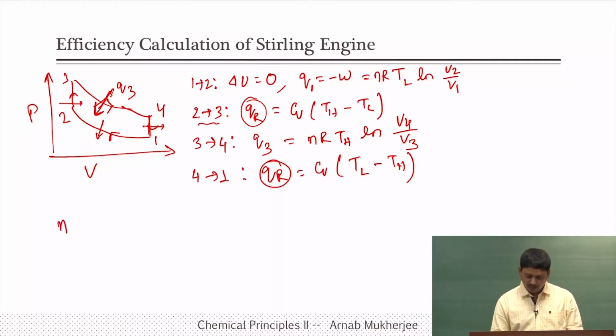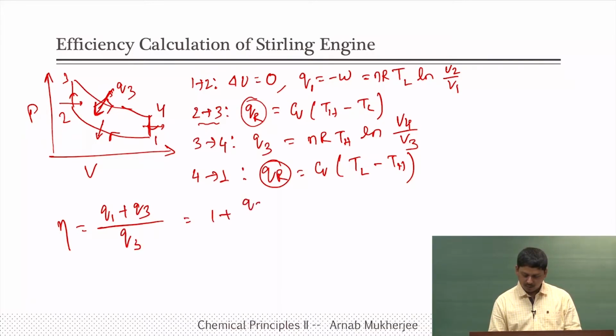So, if I calculate the efficiency with the regenerator, then the total change in heat is Q1 plus Q3, and heat input is coming only in the 3 to 4 step, which is Q3, so efficiency is 1 plus Q1 by Q3.